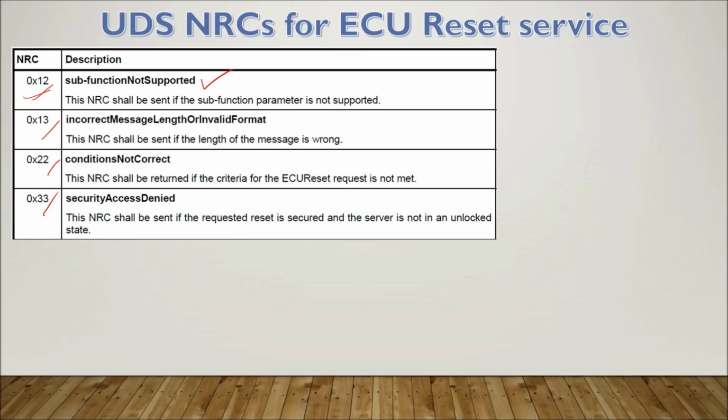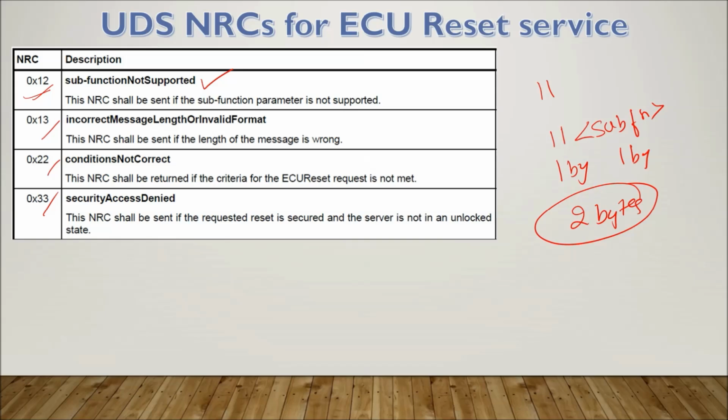If the message length is incorrect, that is if we just request 11, then you know that the service request should have the SID and the subfunction. That is 1 byte for SID, 1 byte for subfunction, so a minimum of 2 bytes is required. But if you're requesting only 11, then only 1 byte is requested, that is the length is wrong, so then you would get 7F 11 13, where 11 is the service and 13 is the NRC you would get.